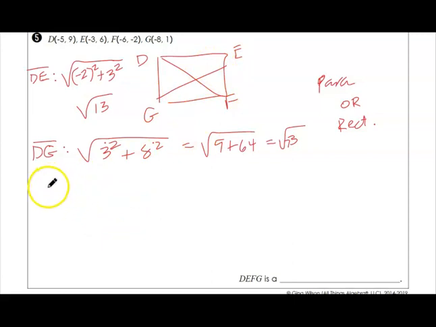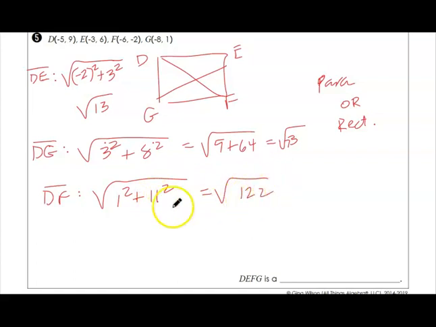So let me see about DF. DF, length. Negative 5 plus 6 is 1 squared. 9 plus 2 is 11 squared. And that's the square root of 122.